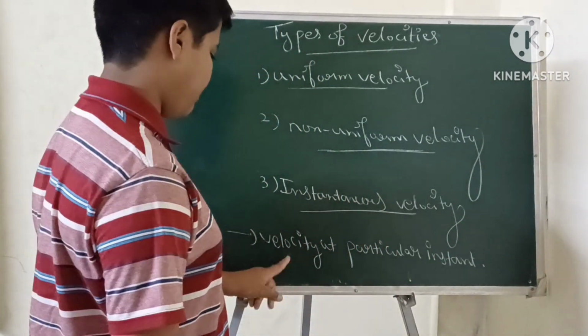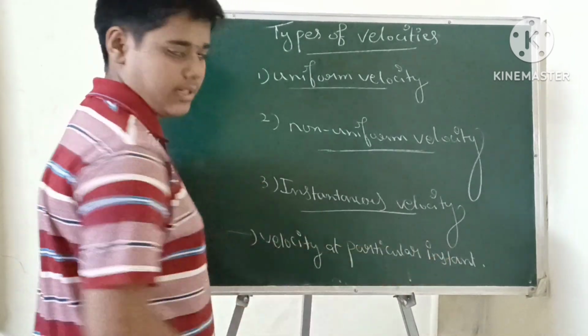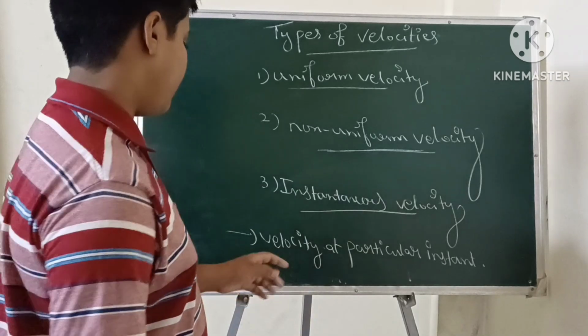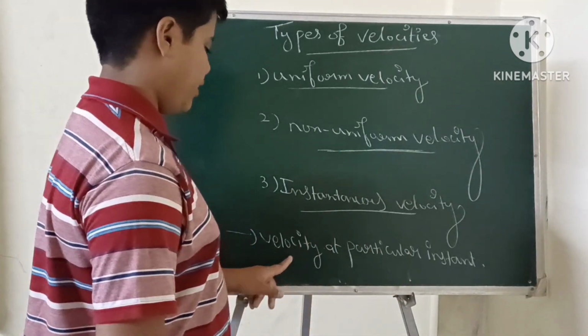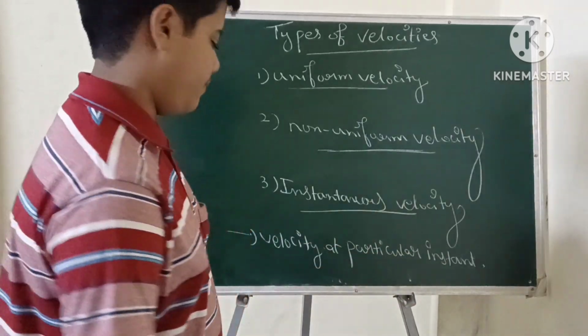Okay, velocity at particular instant. In instantaneous speed, we learned that speed at particular instant. In velocity, velocity at particular instant. Okay.